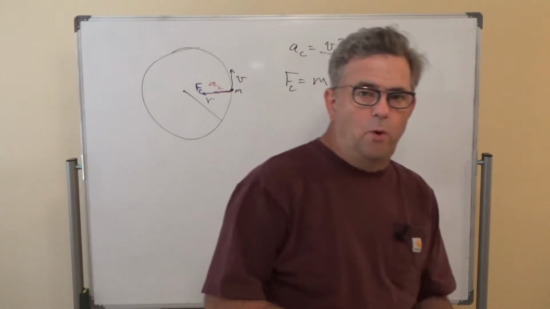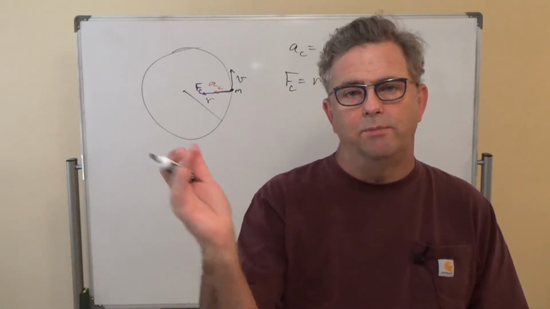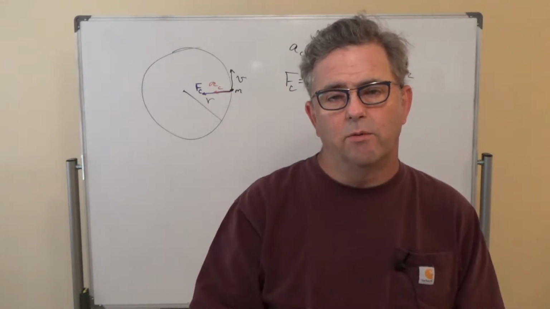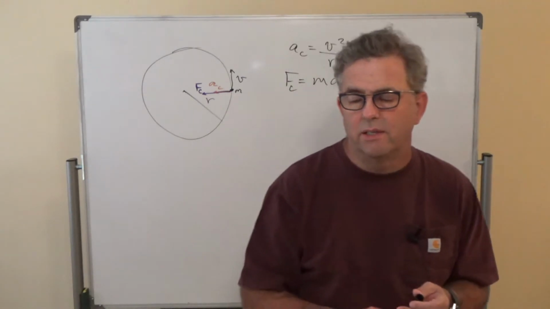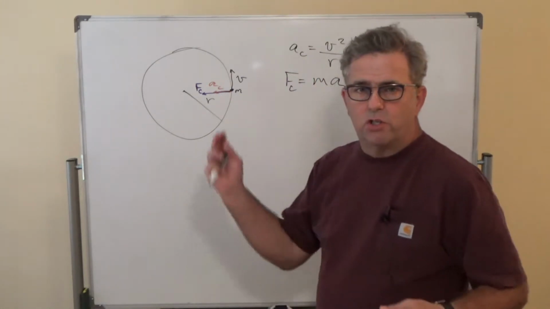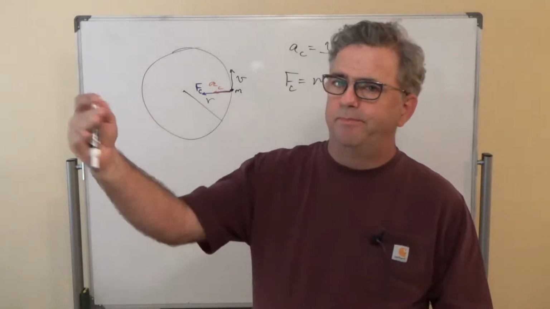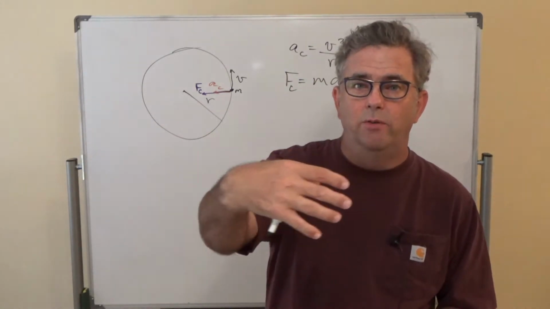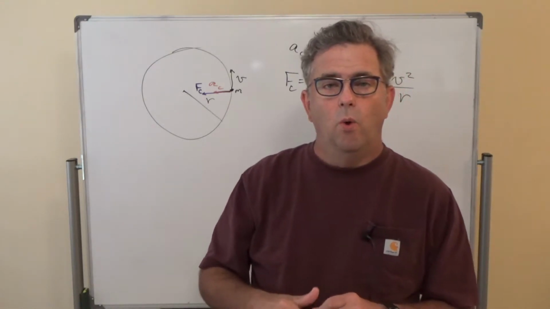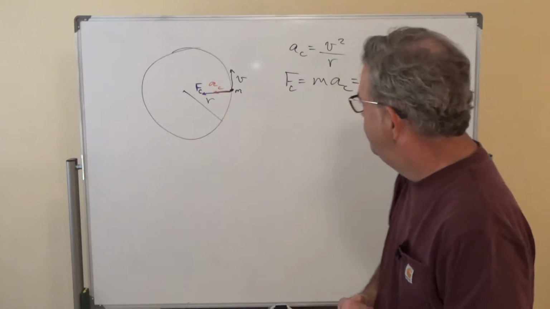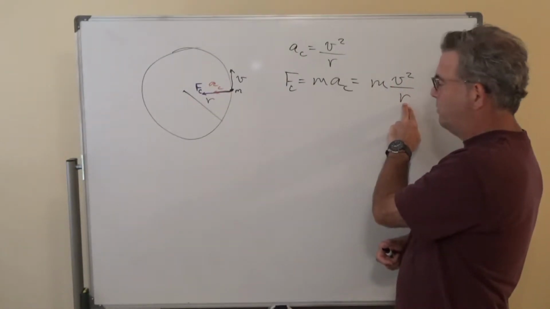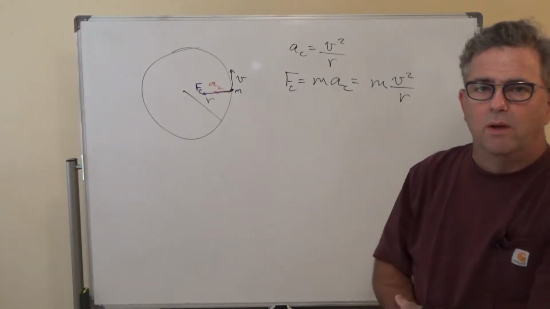That would be the force required to move that object in a circle based on its radius and the magnitude of its tangential velocity. Whether it be a string, the wind blowing, or water currents making the object move in a circle, whatever it is, it requires this amount of force: the mass times the velocity squared divided by the radius, all right?